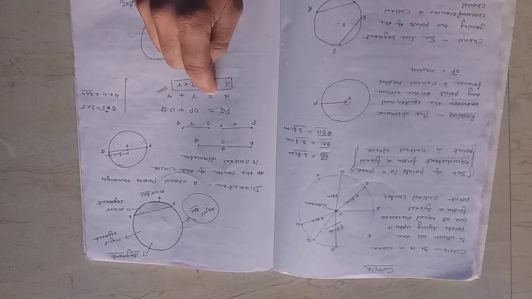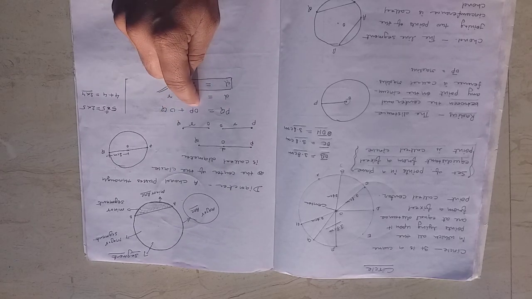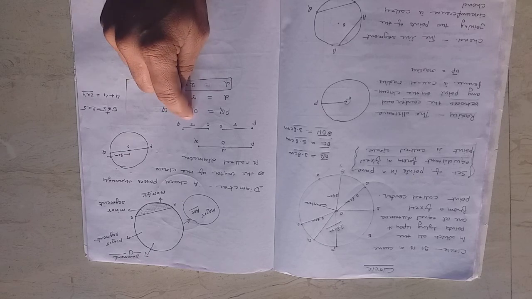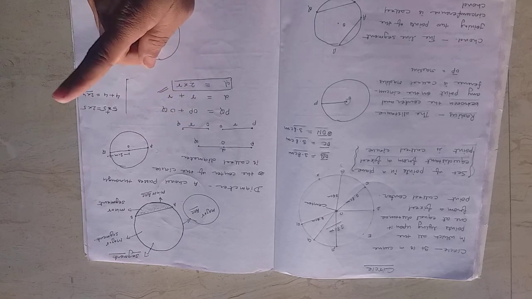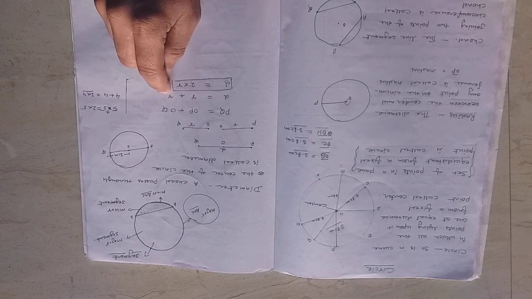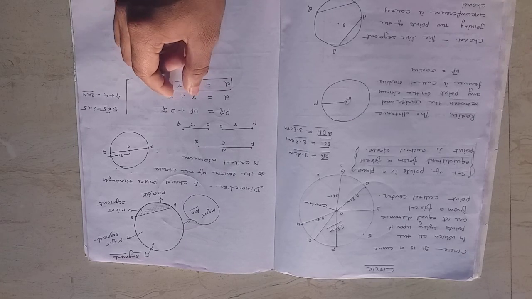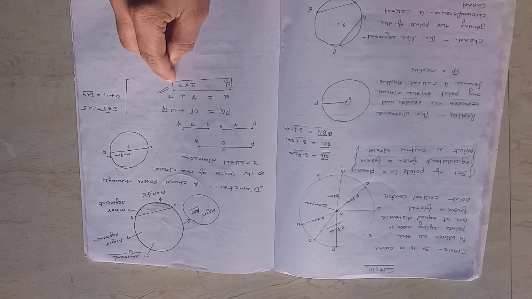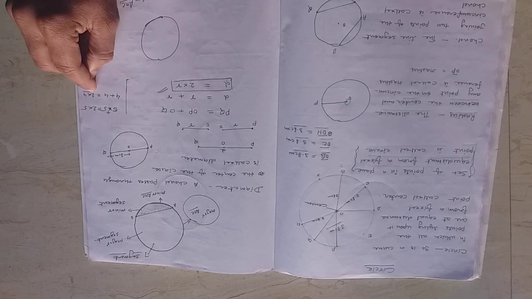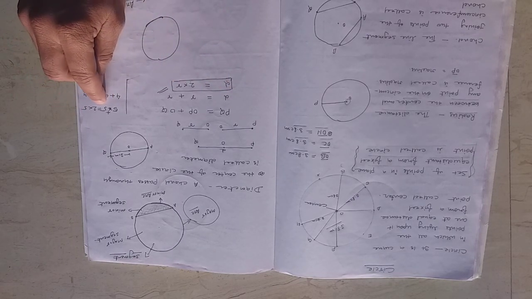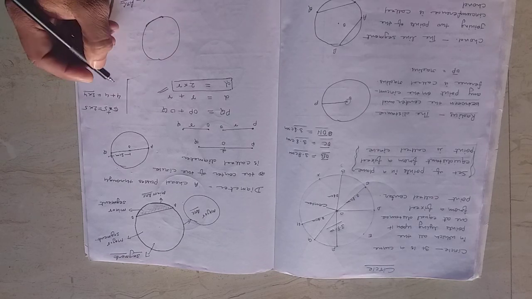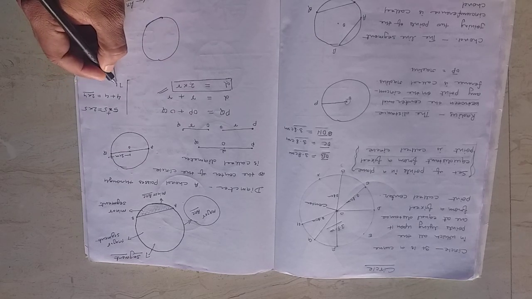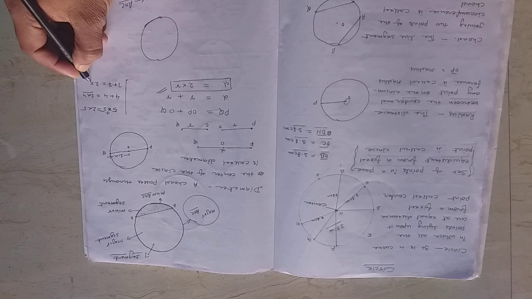I have written it here. Equals OP's length is R, and OQ's length is also R. So D is equal to R plus R. And now this is the addition form. I have written simply the multiplication form of this. So D is equal to 2 into R. Like 4 plus 4 can be written as 2 into 4, 5 plus 5 can be written as 2 into 5, or if we write 7 plus 7, we can write it as 2 into 7.